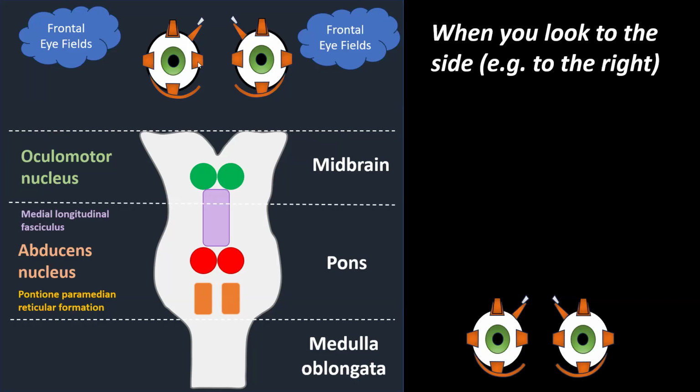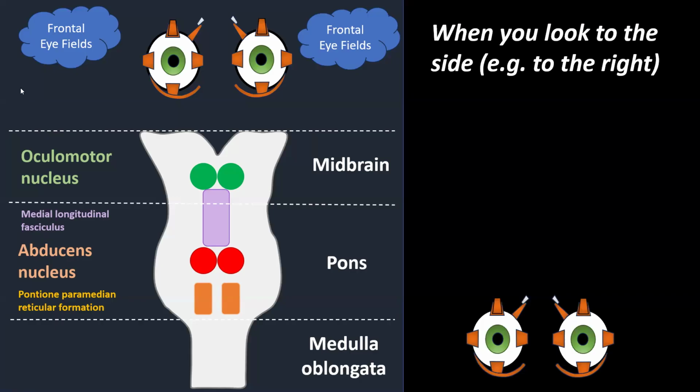In case of your left eye, you need to activate your medial rectus muscle, which is innervated by the oculomotor nerve. These two nerves have to work together if you want to have a simultaneous movement of both eyes to the right. How does that happen?